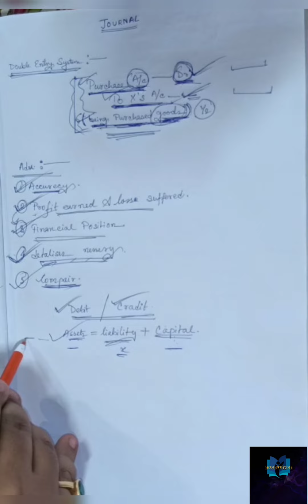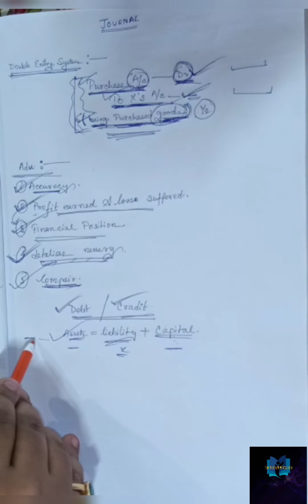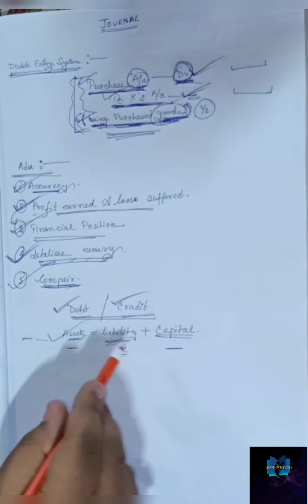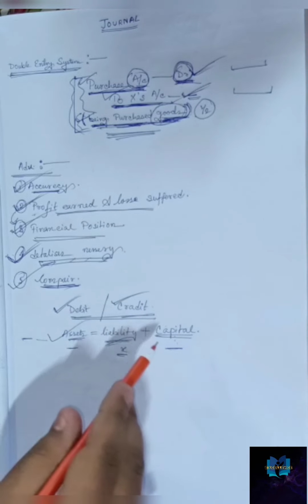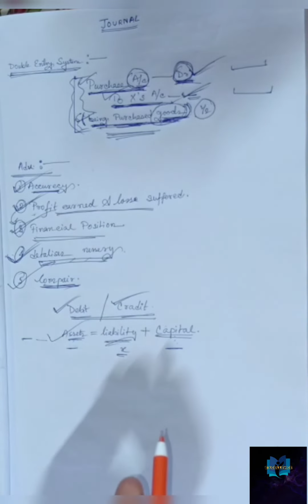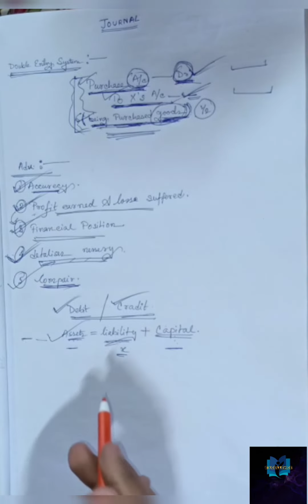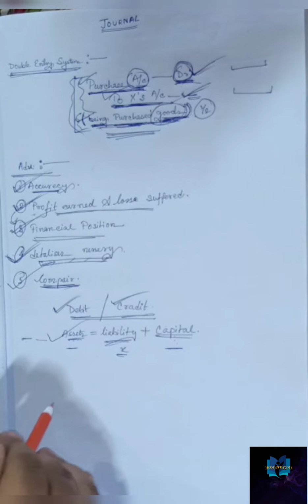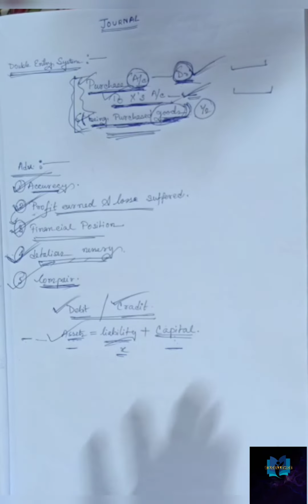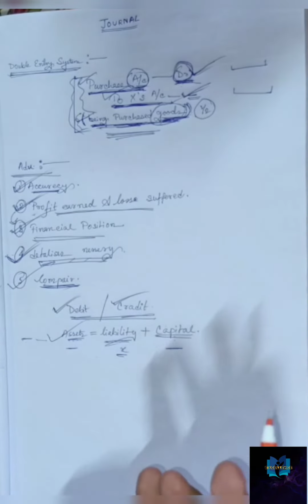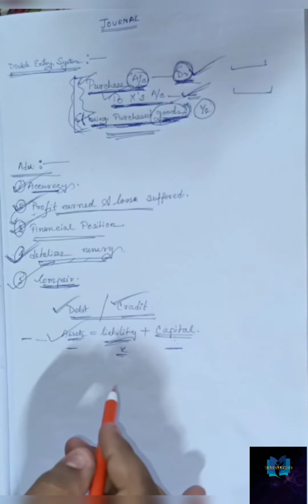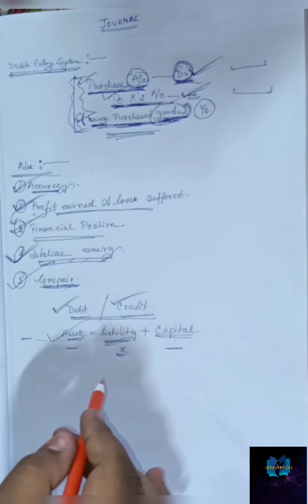So the capital amount will be subtracted from the assets, and the liabilities will be there. Like this, by interchanging the capital with the asset or liabilities, we can get many other formulas, and through them we can score good marks in the exam. If a formula question comes, one or two marks will be there. The one or two marks are also important. So this was the debit and the credit part.